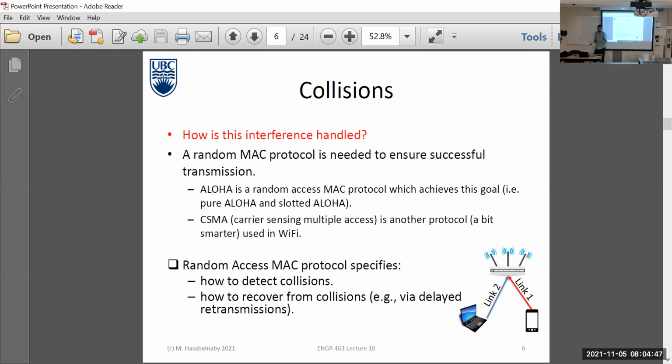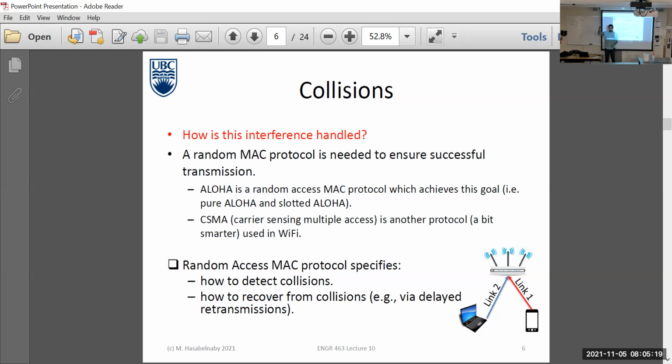We need two techniques: collision avoidance technique and collision recovery, and we also need collision detection.